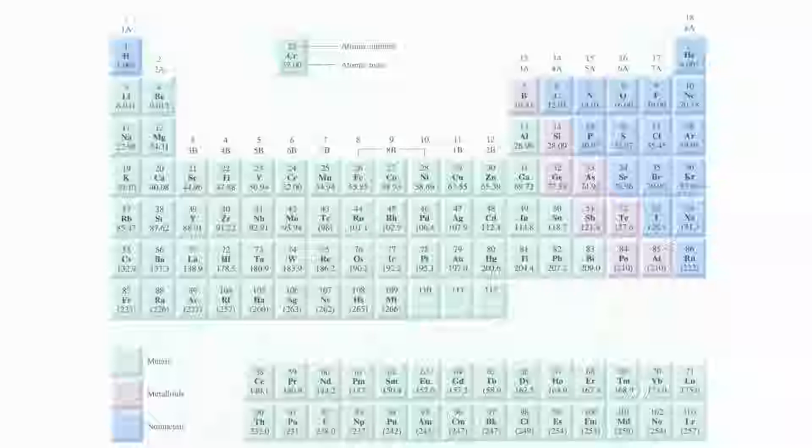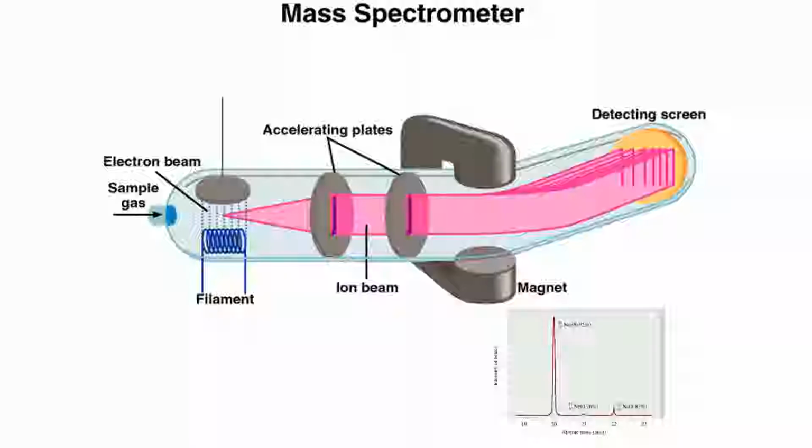Today, atomic masses of elements, and we do have new ones being synthetically made in laboratories, are measured using what's called a mass spectrometer. This is a diagram of what that looks like, and down here we have a graph of what the data output looks like. This analysis is of the three isotopes of neon: neon 20, 21, and 22.